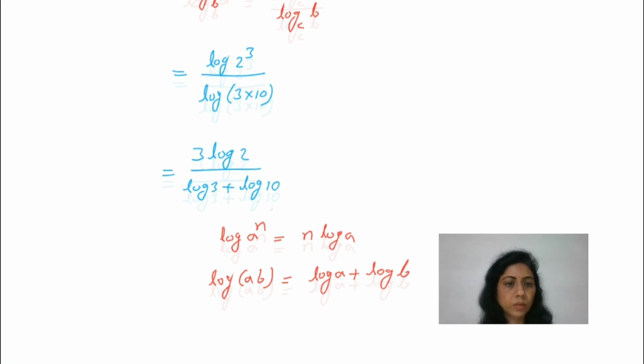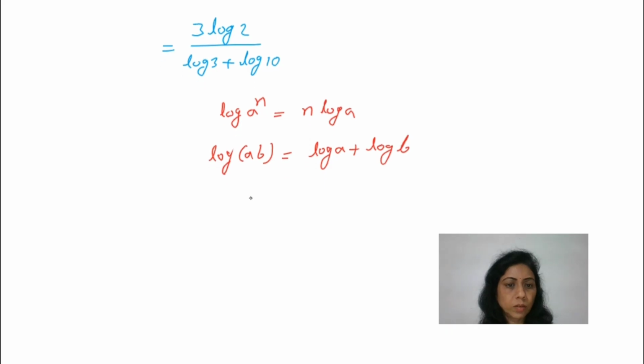Okay, log 10, it means 1 because log a base a is 1. So here 10 and here base 10, that's why value 1 according to this one.